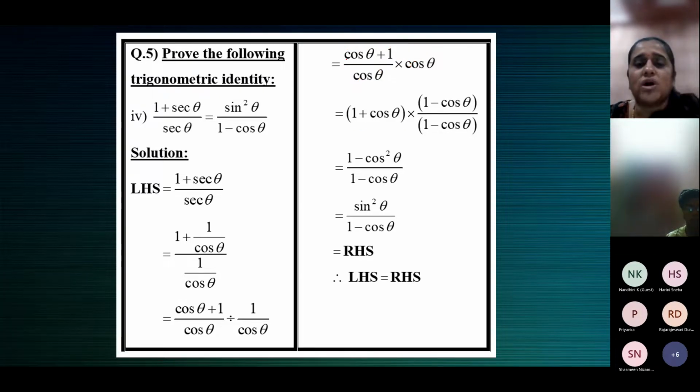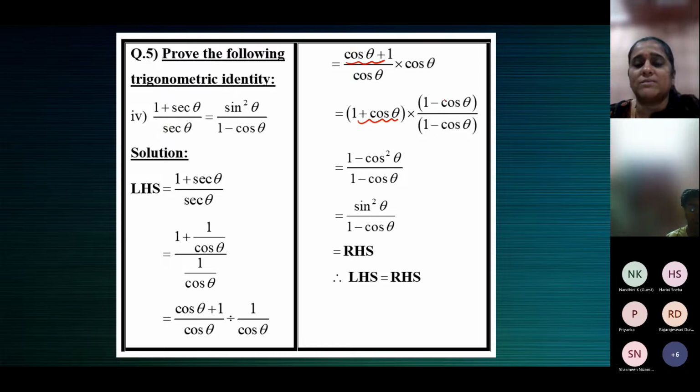Now, why should we write cos theta plus 1 as 1 plus cos theta? That's because in the RHS, it's 1 minus cos theta. So you want 1 plus cos theta here so that you can multiply and divide by 1 minus cos theta. We have not still got the RHS, so multiply and divide by 1 minus cos theta, the opposite sign.